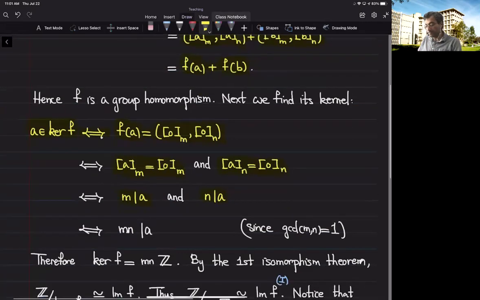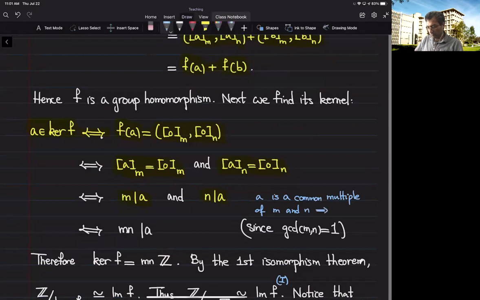Now, remember, this means that a is a common multiple of m and n.